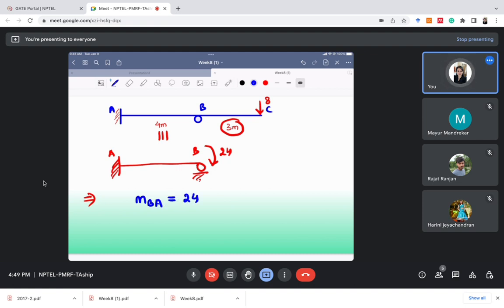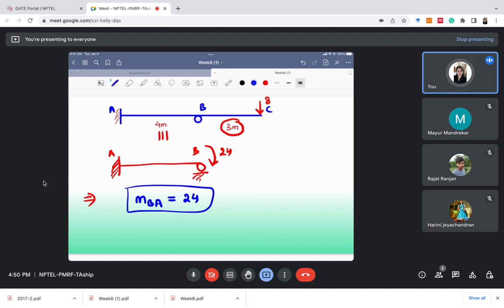If this 24 kilonewton would not have been here, MBA would be 0 because it's a hinge. But here the external load 24 kilonewton is there, so MBA equals 24. This is the only possible equilibrium equation here. So this is MBA equal to 24 kilonewton meter.